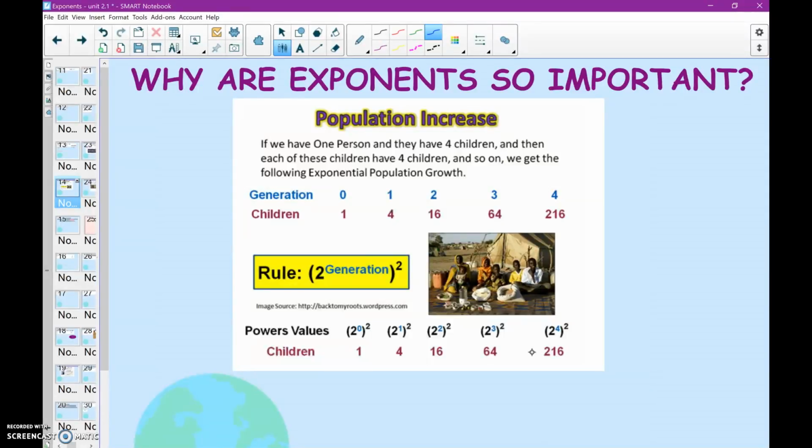Think about if any of you have really big family reunions. It might have started with grandma and grandpa, but they had 5 kids, including your parents, and your parents had kids, and now everyone's just getting lots and lots of exponential growth. So that's a way that we see exponents used, is looking at how populations grow and even how they decrease sometimes.